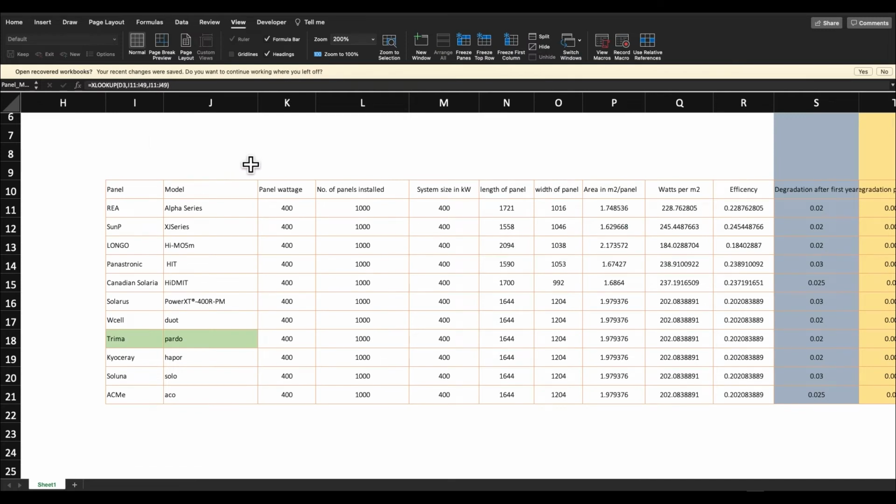So effectively the XLOOKUP looks at what's in D3 and then looks at what is in I11 to I49. We've only filtered 21. And then it extracts the corresponding model number from the column J11 to J49.